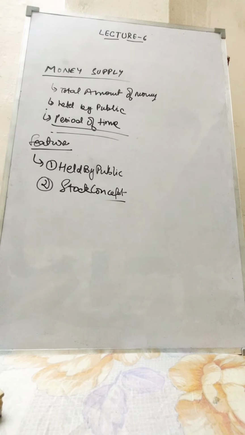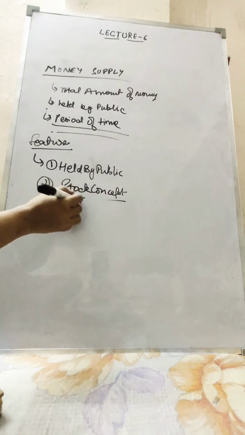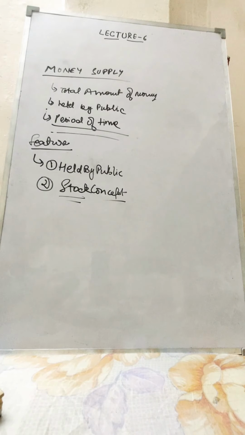As we discussed in lecture number 2 about stock and flows, stock is something that we calculate at a particular point in time, and flow is something that is distributed over a period of time, or which is running in and out again and again on a continuous basis.